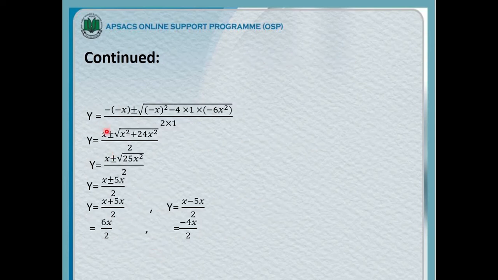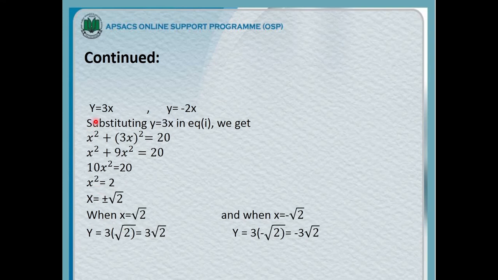Now by applying the quadratic formula on the above equation, we get two values of y. So we have two values of y, 3x and minus 2x. We will substitute the value of 3x in equation number 1. We get two values of y. And by putting the value of x in equation number 1, and this y equals minus 3x, we get values of y.